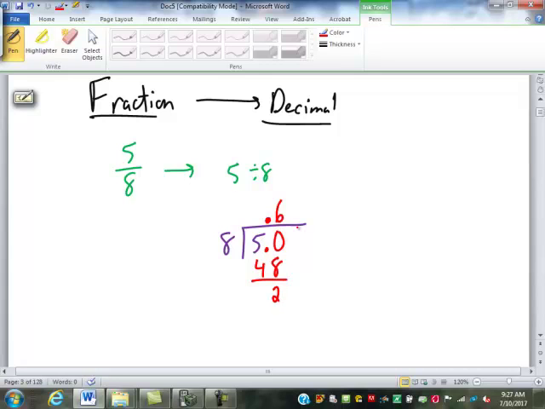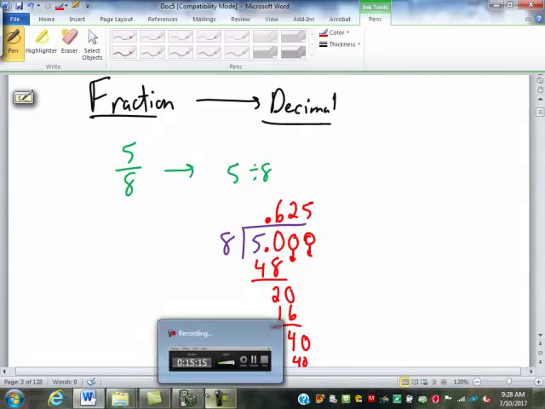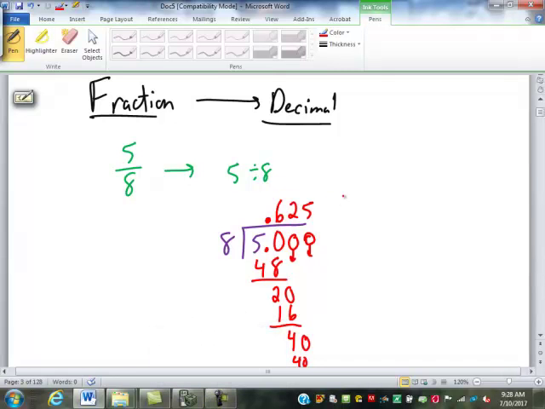And then add a 0 and bring it down. 8 into 20. 2 times 8, 16. Leaves us with 4. And then add another 0 and bring it down. 8 into 40 is exactly 5 times. So that one doesn't have to repeat. It actually is what we call terminates at 0.625.